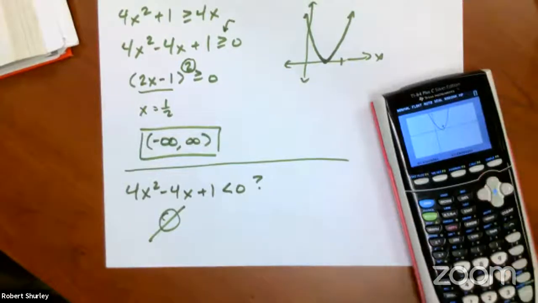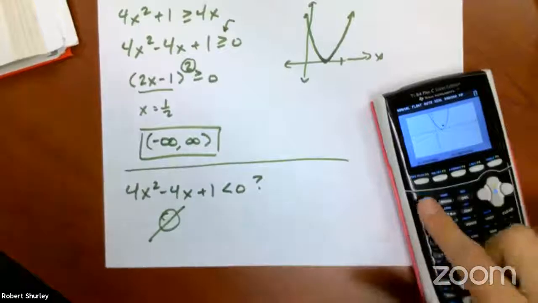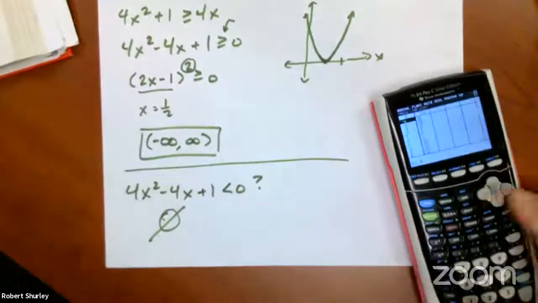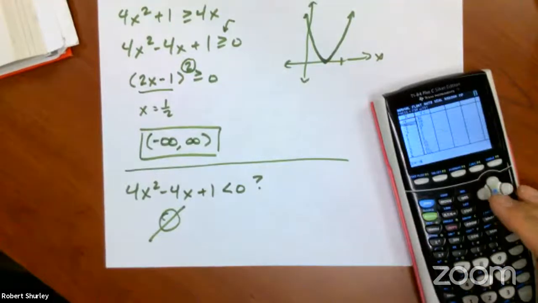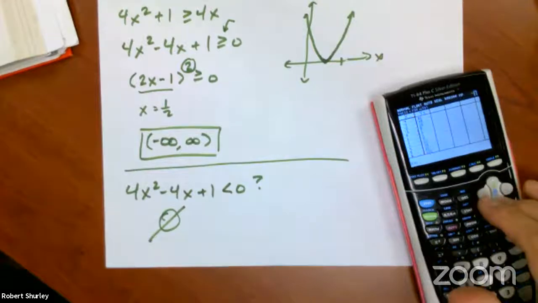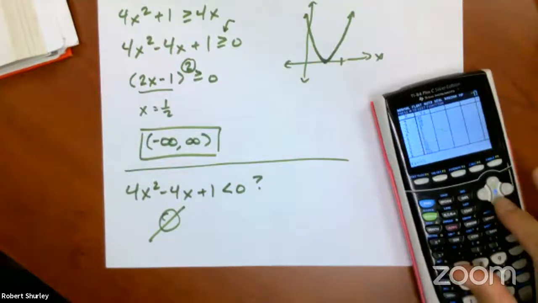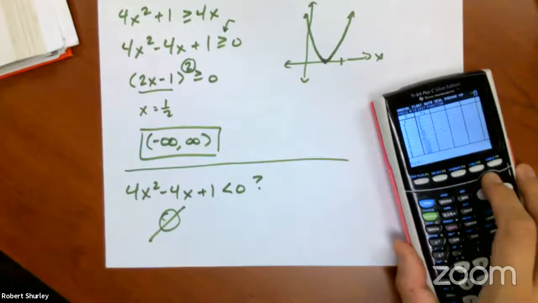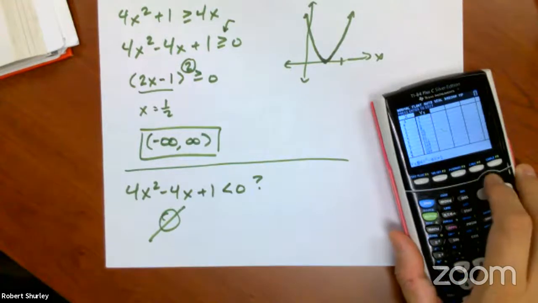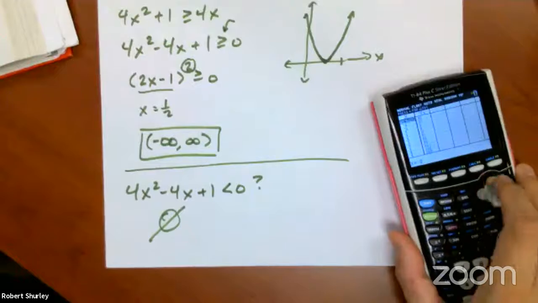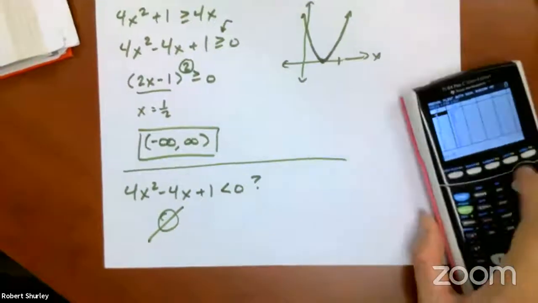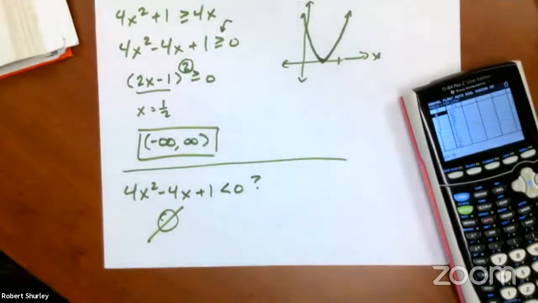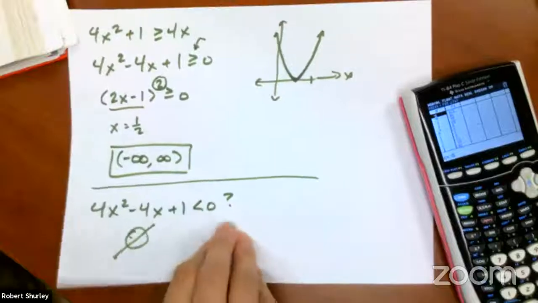And if we go to the table, if you click second table, you'll see none of those numbers are negative, right? None of the y values are negative. They are always greater than or equal to 0. Kind of cool. So yeah, I chose this one because it was just a little curveball. Okay. Do you have any questions about this?